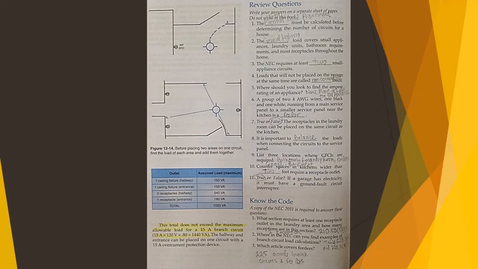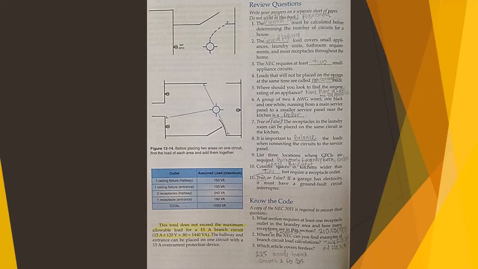A group of 2 4 AWG wires, one black and one white, running from a main service panel to a smaller service panel near the kitchen is a feeder. True or false? The receptacles in the laundry room can be placed on the same circuit as the kitchen.